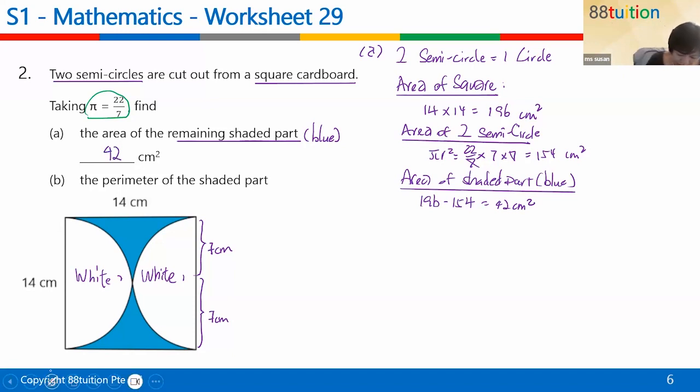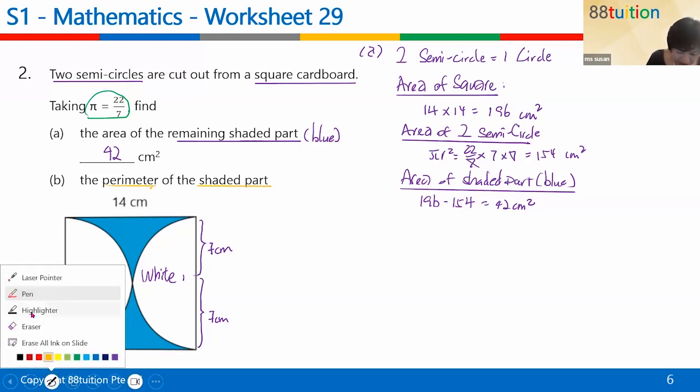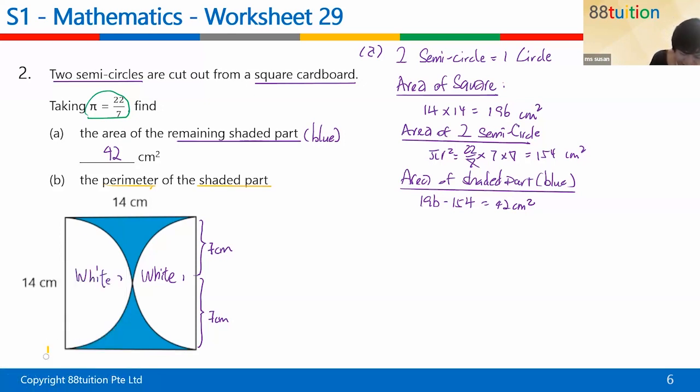So for part 2, the perimeter of the shaded region, and now it's talking about perimeter. So technically, he is asking you for this. The one that you walk along this line, you walk along this line, and also the curved line.